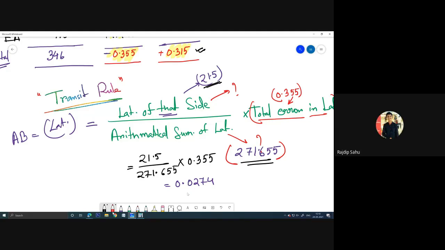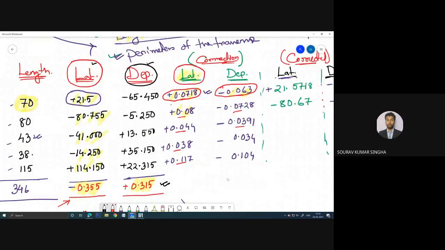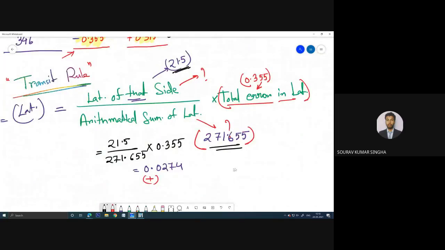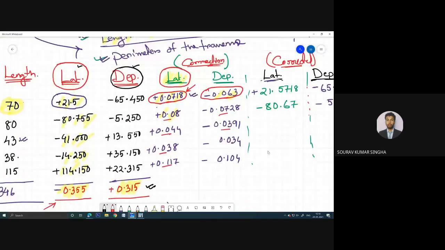Positive, exactly, because the error is negative for the latitude column. You can see in the latitude column the error is negative, so here definitely the correction value will be positive. So this 0.0274 will come in this part. Here in place of this plus 0.0718 we need to use this value, 0.0274. So this is using the transit rule.